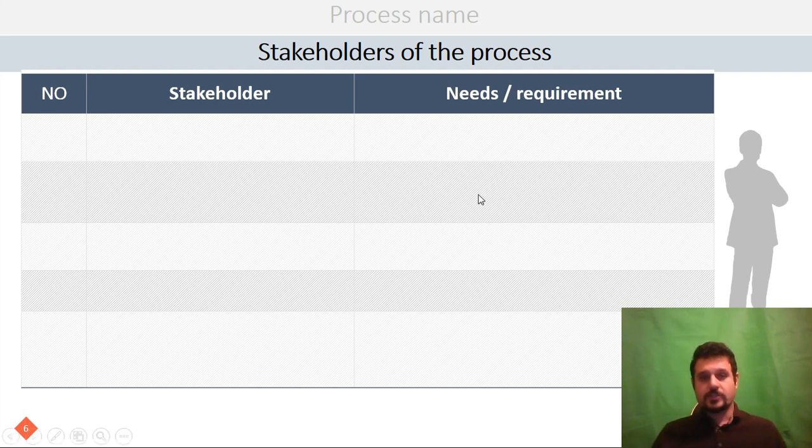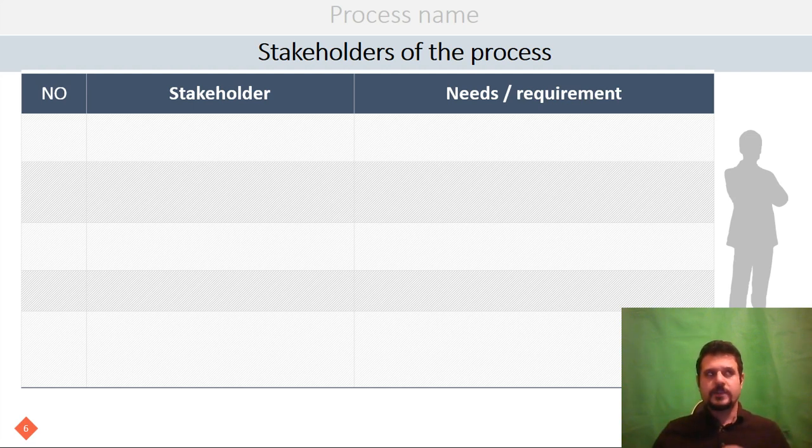We need this information in the next step, our next decision, when we want to analyze the processes. We should compare this information with our process diagram, and determine whether these needs are supported by these processes or not. Can we meet this requirement by this diagram or not?